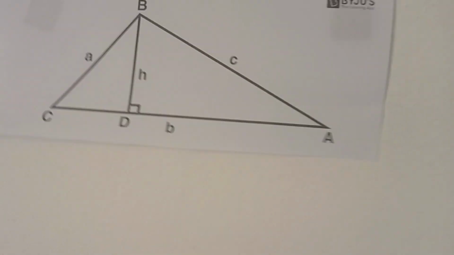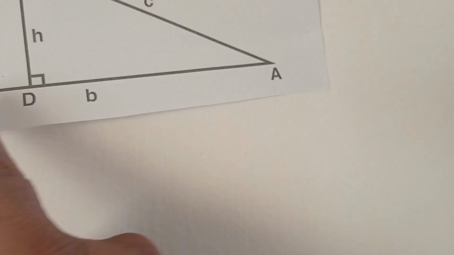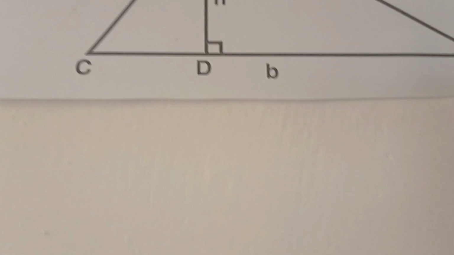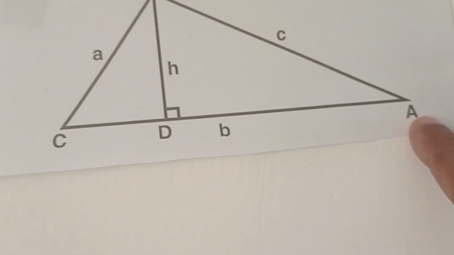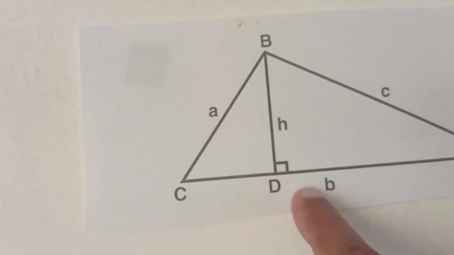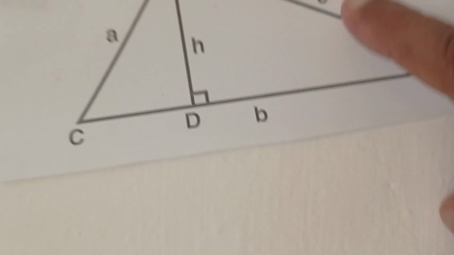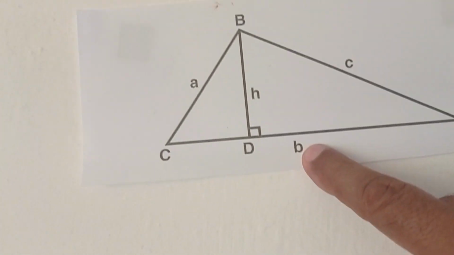Now using Pythagoras theorem in triangle ADB, we get that C squared equals BD squared plus AD squared, or DA squared.